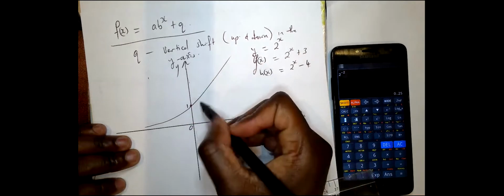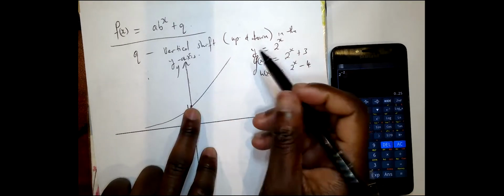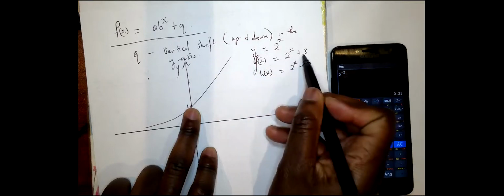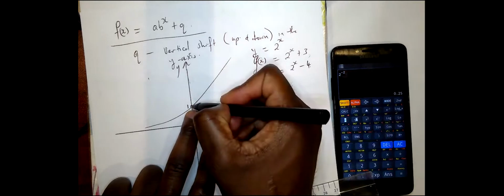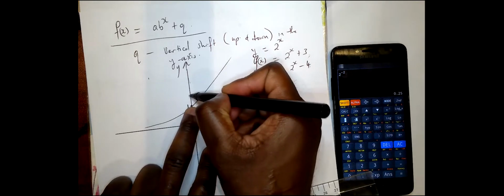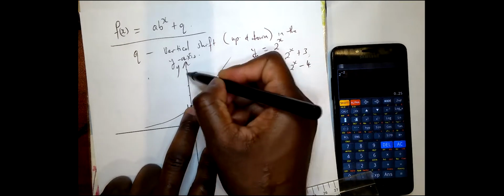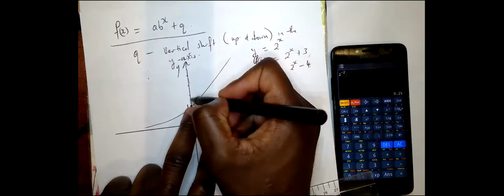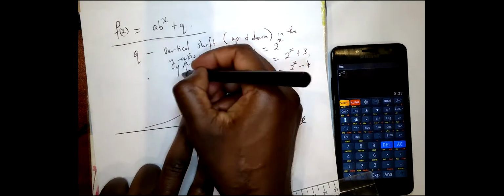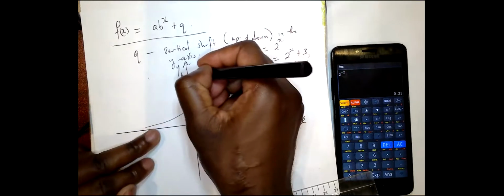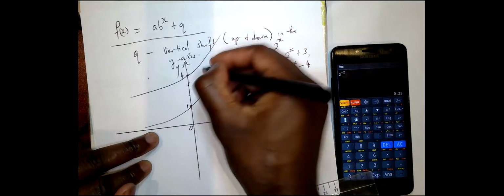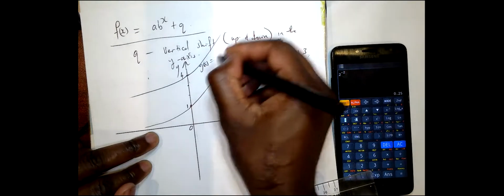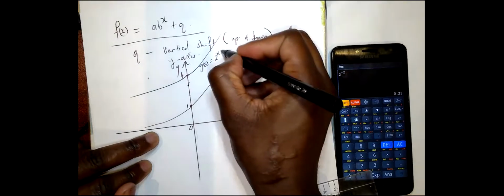In this case we are going to move 3 units up because it's saying plus. So moving from here, 1, 2, 3, we end up at 4, and that's what we'll be having now. That's our g of x equals 2 to the power of x plus 3.